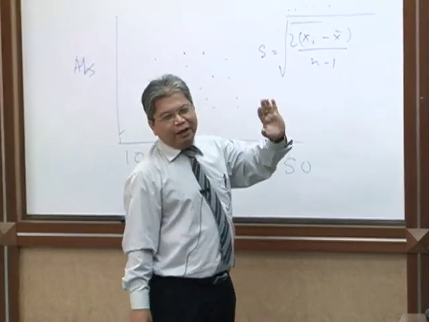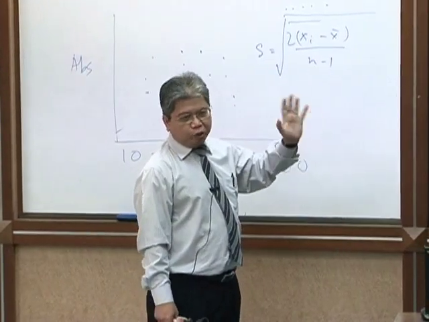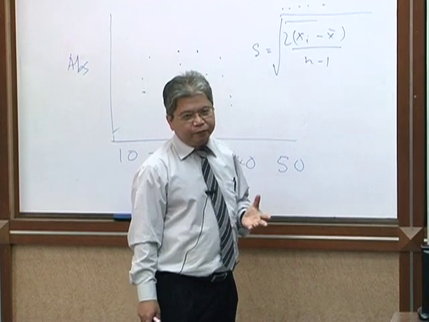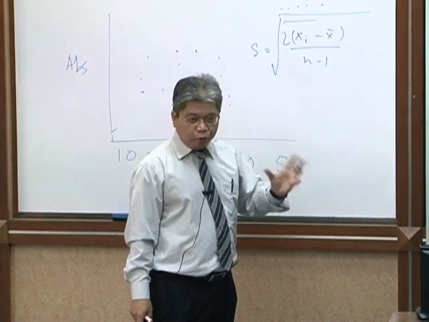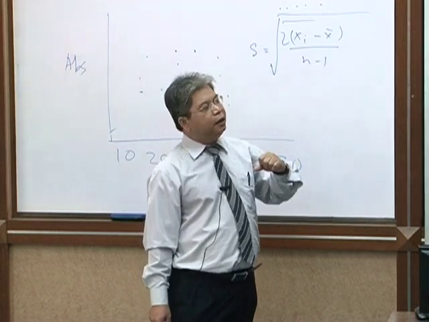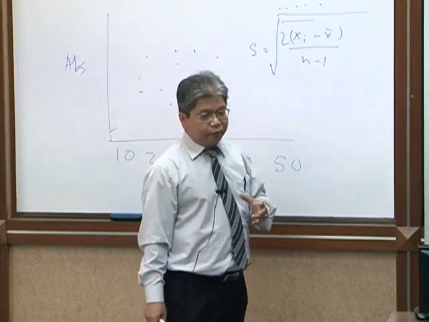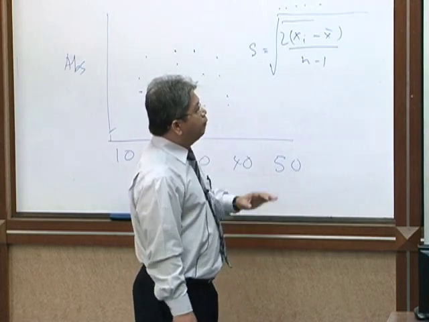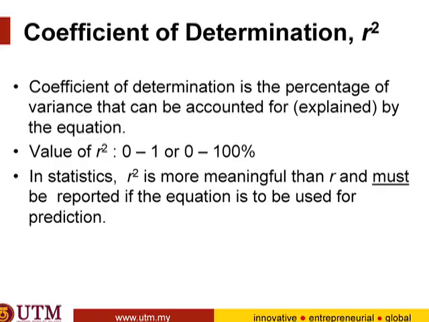By the way, to the statistician, R square is more meaningful than R. R square is more meaningful to describe how good the line is rather than R. We'll see why. And the value of R square is between 0 and 1, or it can be expressed in percentage.